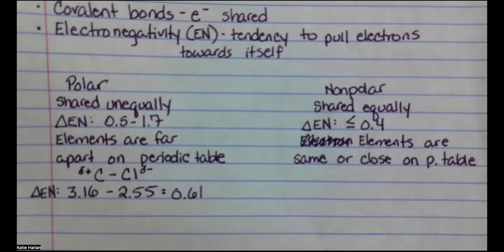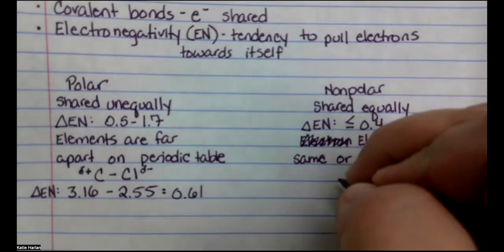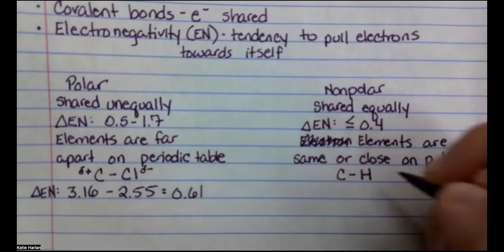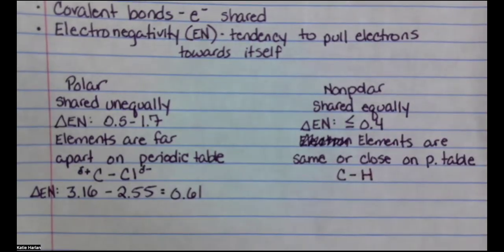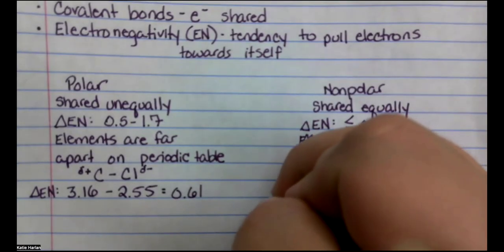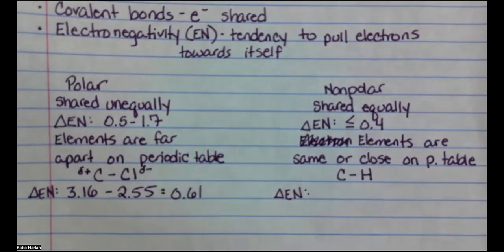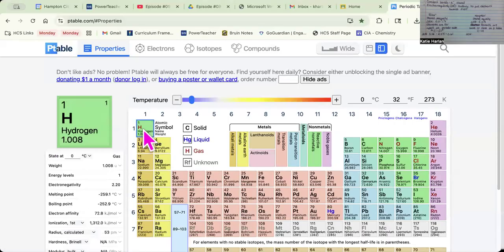So to give you an example, let's look at the bond between carbon and hydrogen. Now they are relatively far on the periodic table because hydrogen is a bit off to itself, but we are going to take a look at the difference in electronegativity. So if we look, hydrogen has an electronegativity value of 2.20, and carbon has an electronegativity value of 2.55.